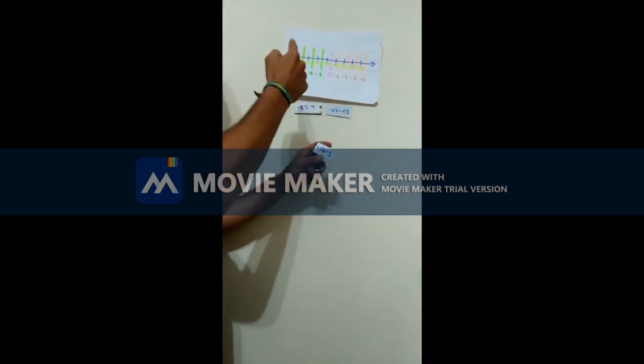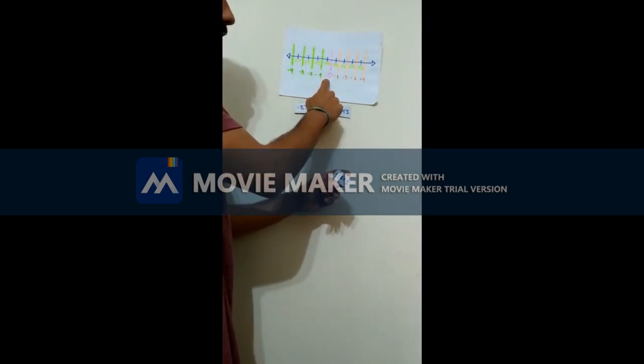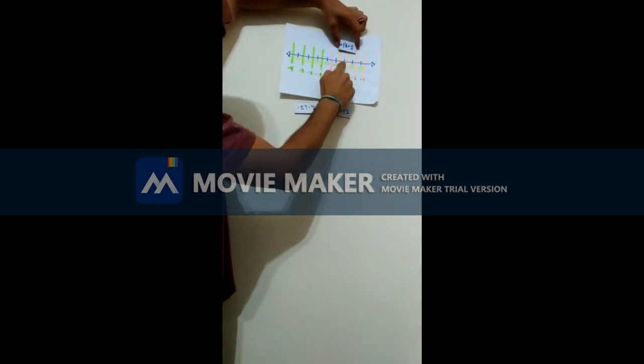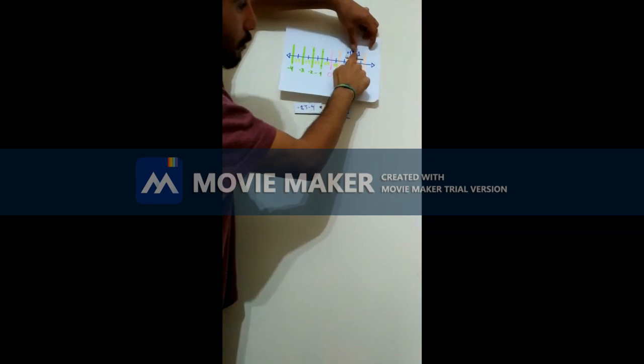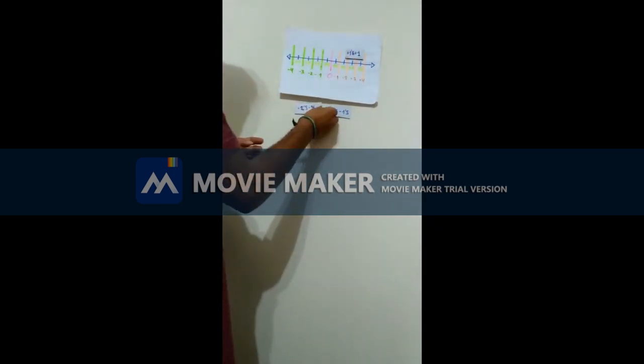Taking the 0 as a reference, as you can remember, I have to go to 1.5. All right, there we go. 1.5 plus 1 is going to be 2.5. There you go.